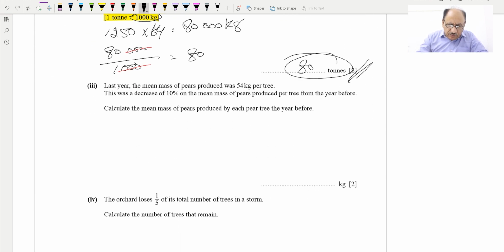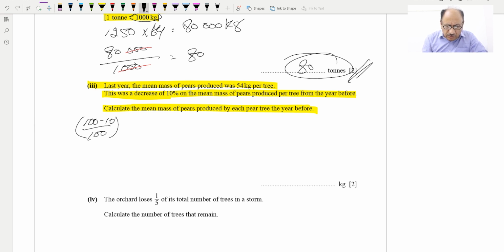Now for part 3, last year the mean mass of pears produced was 54 kg per tree, and this was the decrease of 10% on the mean mass of pears produced per tree from the year before. So calculate the mean mass of the pears produced by each pear tree the year before. So it's a reverse percentage question. This is a 10% reduction, so we'll take 100 minus 10 divided by 100.